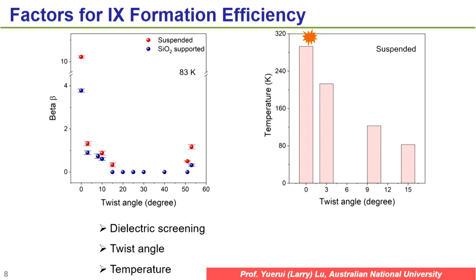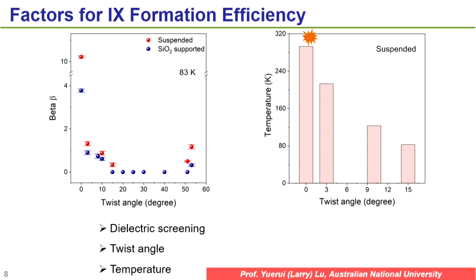We fabricated a series of freestanding samples with different twist angles. For freestanding samples, the dielectric screening is reduced. Now if we reduce the twist angle, you can see here this is the threshold temperature from which we can see the interlayer exciton. This threshold temperature will rise from around 83 Kelvin all the way up to room temperature.